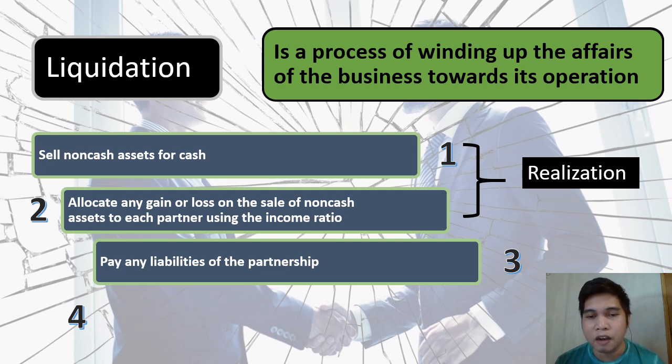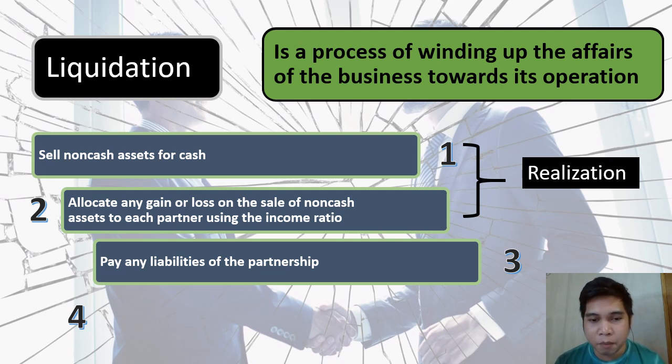So hindi siya naka-organize ng asset equals capital plus liabilities because liabilities or creditors have more priority than the owners of the business. So basically, in time of liquidation, hindi tayo pwede mag-distribute sa ating partners unless otherwise nabayaran na natin ang ating mga creditors. So again, hindi po tayo pwede mag-distribute sa partners unless otherwise nabayaran na natin ang ating creditors.